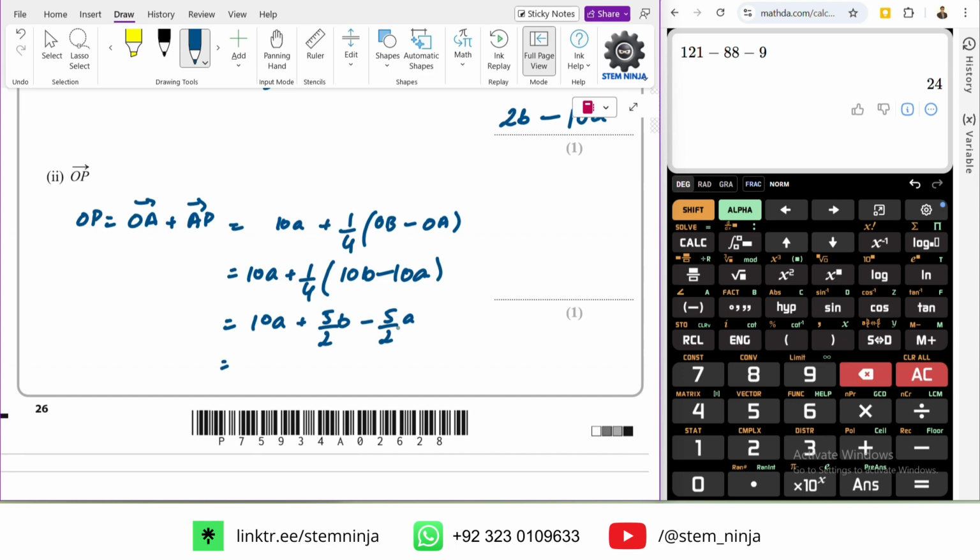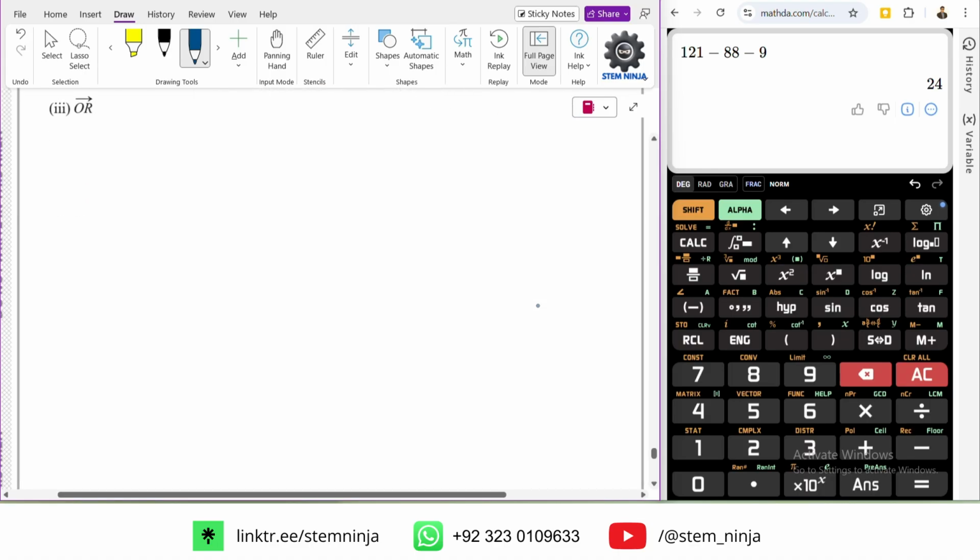So 10 minus 5 over 2 is 15 over 2 a plus 5 over 2 b. We can simplify out the 5 over 2, so you have 5 over 2 times 3a plus b. Okay. OR.